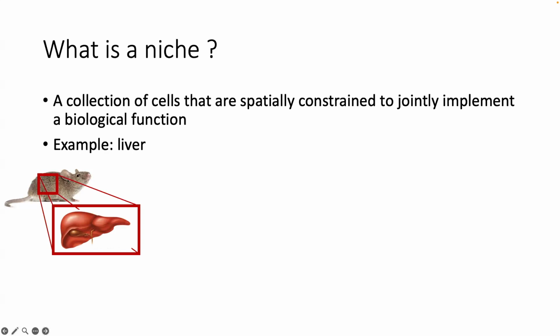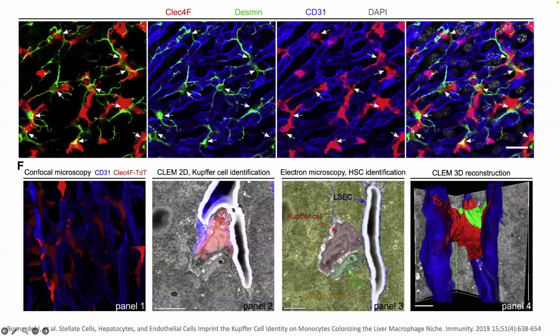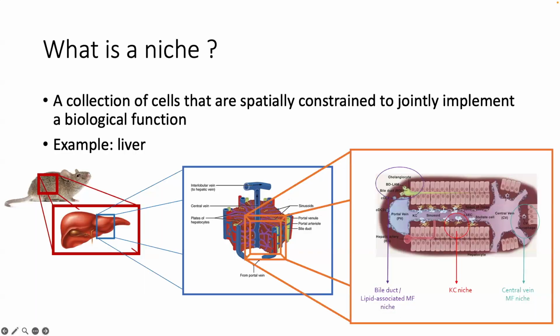But if you look at the liver, you can see that it's a repetition of a lot of these hexagonal structures here, where you have blood coming in from the portal vein being filtered and going out through the central veins here. And you see that even in such a basic component of the liver, there's again symmetry, right? You can take one of these portal to central triads here, and that's again a niche, right?